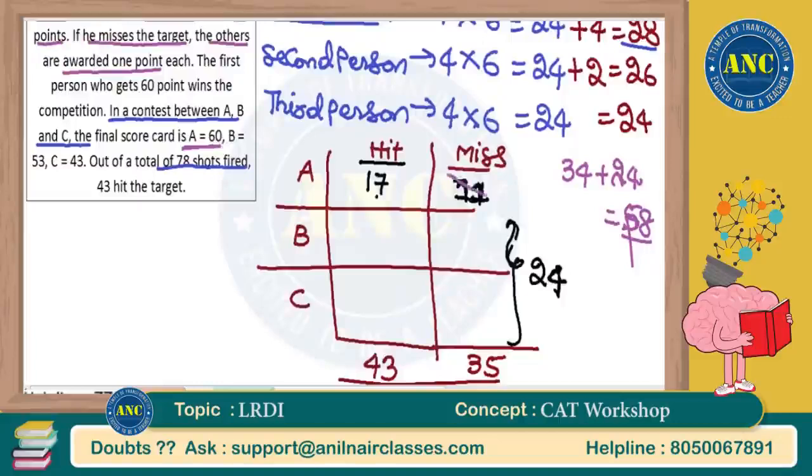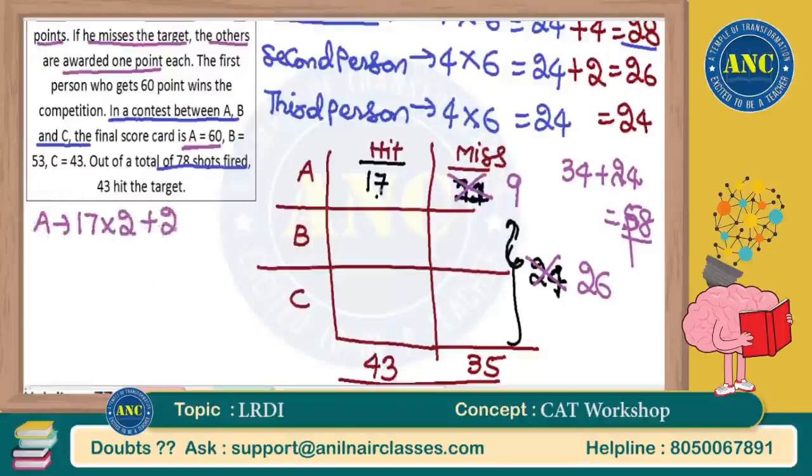If A is not the first person, if A is the second person, total shots is 26. This is 17. So this will be 9. Remaining will be 26. Are you all with me? So what is the score of A? Score of A is nothing but 17 into 2, 34.